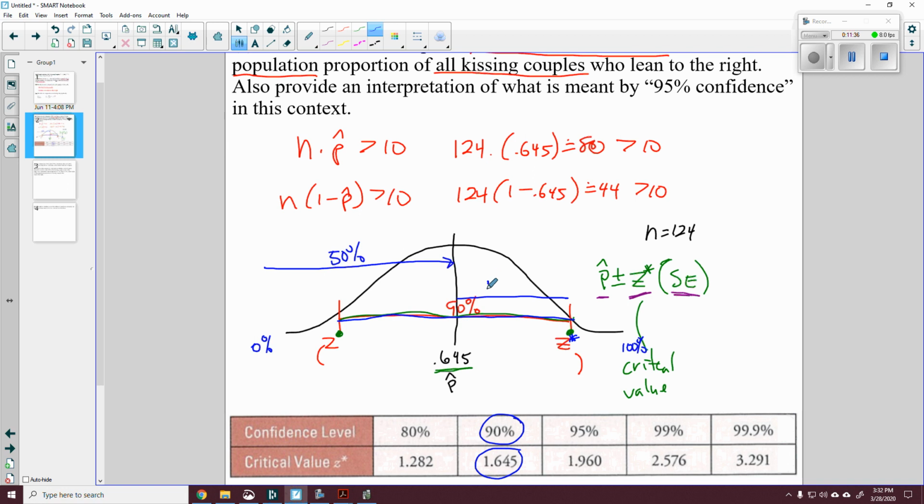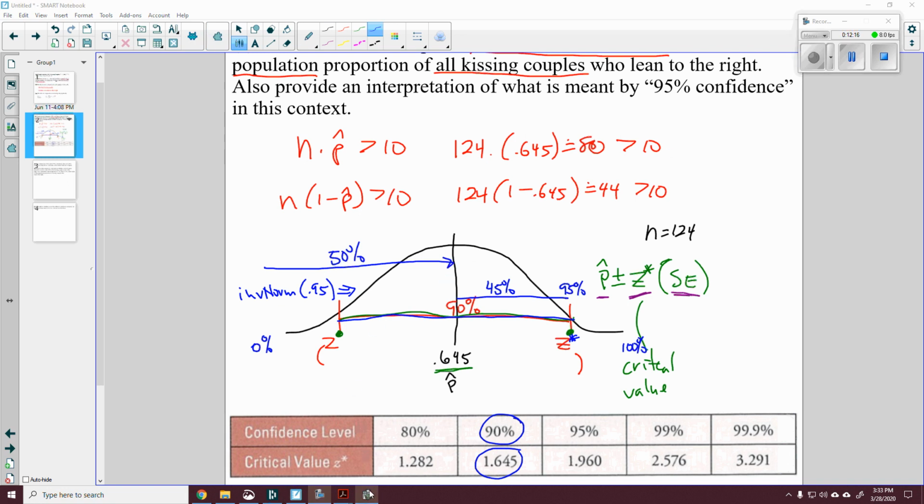So half of 90% is 45%. So I know that this z asterisk, this critical value, is sitting right at the 95th percentile, 50% plus 45%. So I can go to my calculator and I can do inverse norm, plug in 0.95, which is my percentile, because with inverse norm, you put in the percentile, and I'm going to get a z-score for that spot right there.